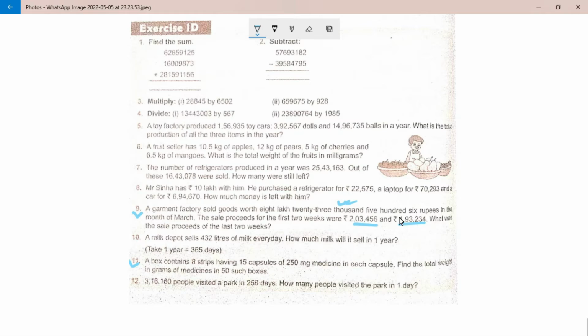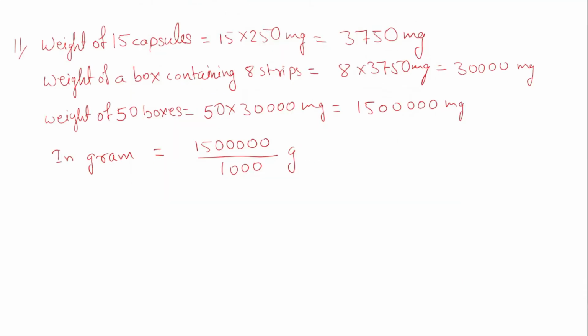So let us solve it. First we have to find out the weight of 15 capsules of 250 milligram each. So we multiply 15 into 250 mg. We will get 3750 mg. This is the total weight for 15 capsules.